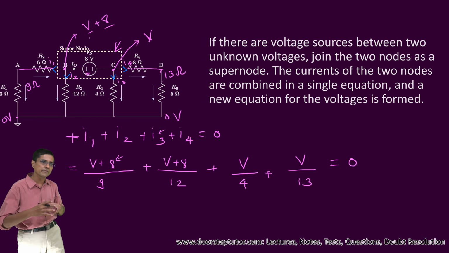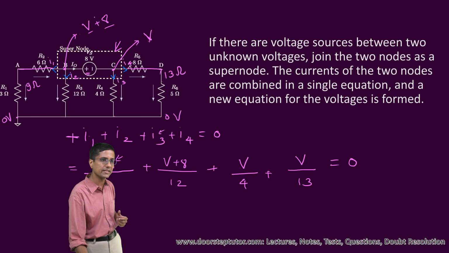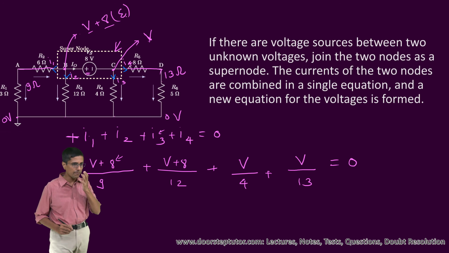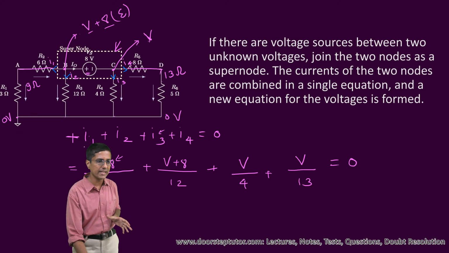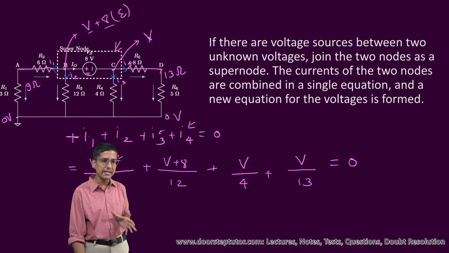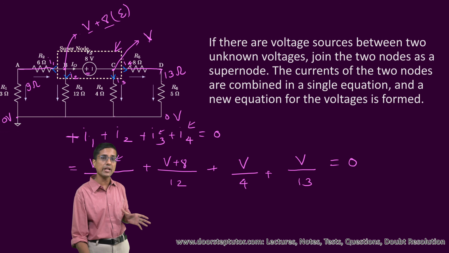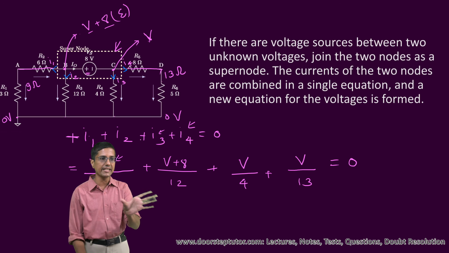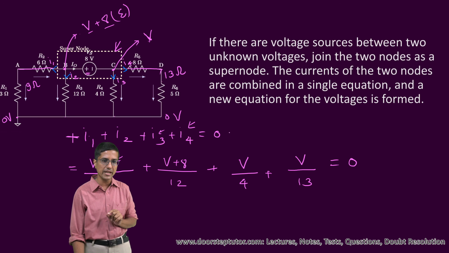In your case, whatever the EMF of the battery is, V plus the EMF of the battery, or epsilon. From then on I write the current equation taking this node and this node as one node. So I took them as one node, and I apply the current equation.